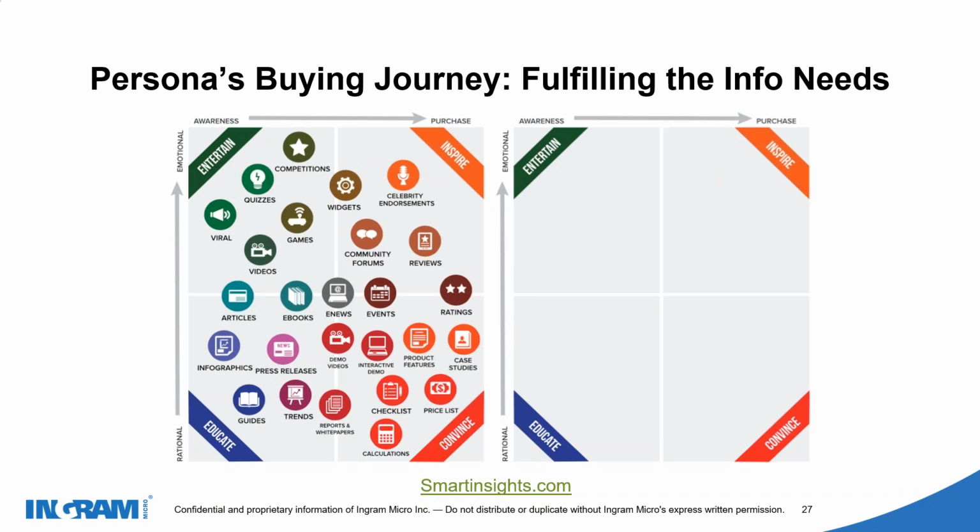And the closer you get to the purchase, the more inspiring and convincing you need to be. Inspiring appeals to the emotional people in your buying process, and the rational appeals to the rational people, often the CFO and the CEO, and to a large degree the IT manager as well.